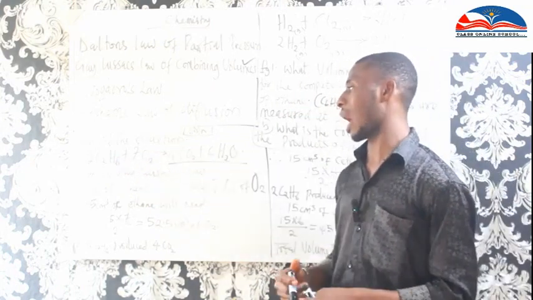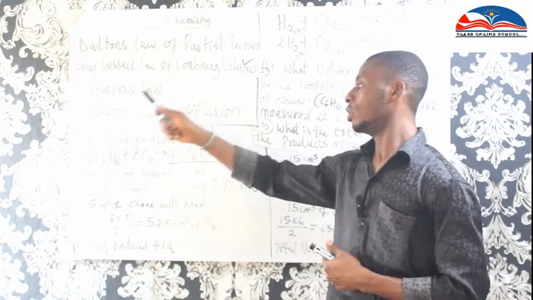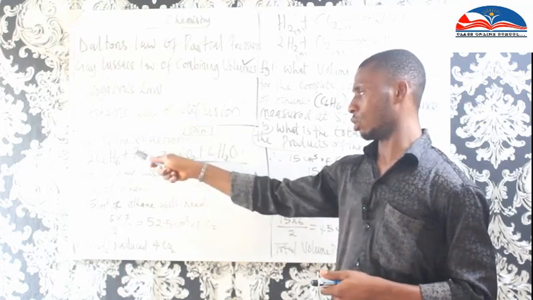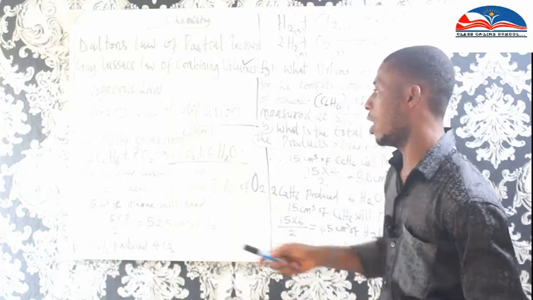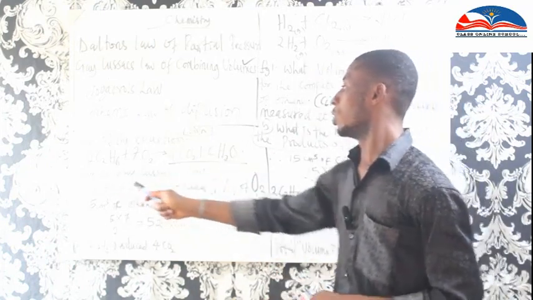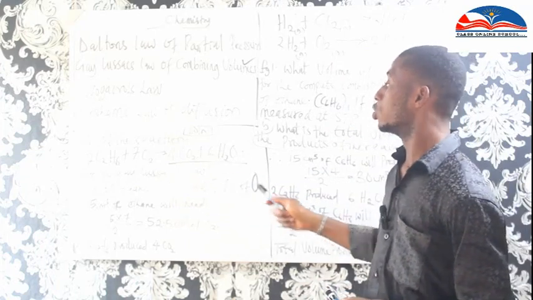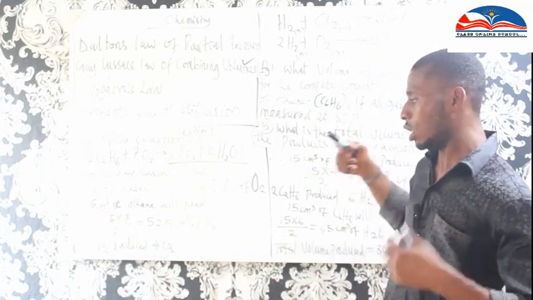Now from the reactant side, we have that 2 moles of ethane react with 7 moles of oxygen to produce this. Now from Gay-Lussac's law, 2 volumes of ethane need 7 volumes of oxygen to produce this. Therefore 15 moles of ethane, we need what?